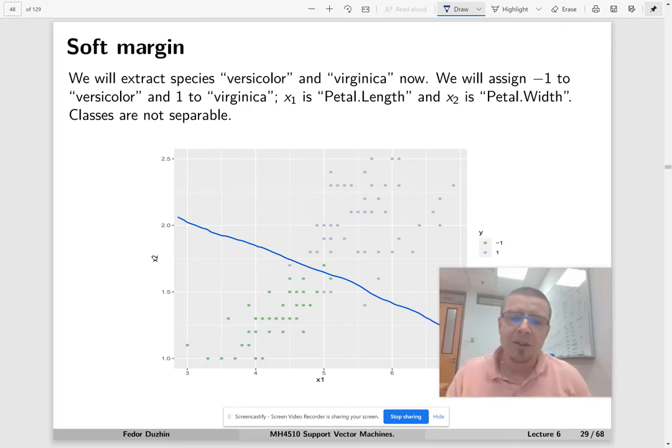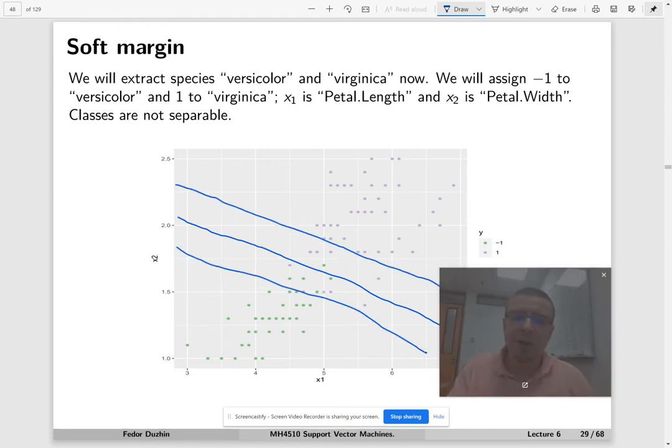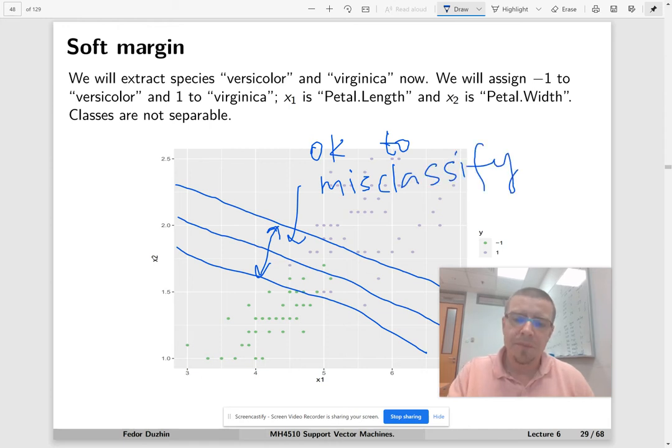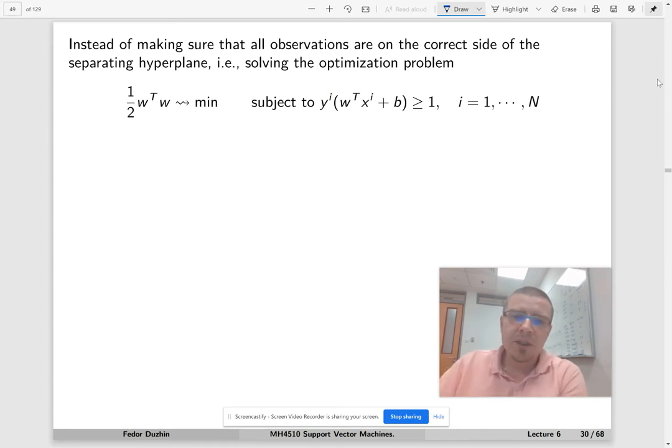So if this is our separating hyperplane, on either side of the margin, we're going to say that it is okay to misclassify here, okay to make mistakes within the margins. It is okay to misclassify, but only within the margins. That's the main idea.